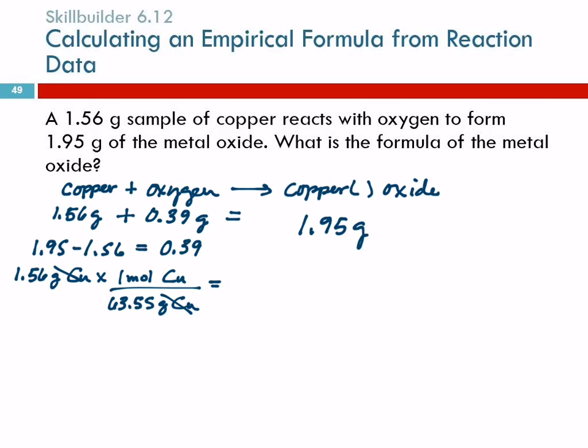So we get 0.02455. It should have 3 sig figs, but you want to carry some extras so you don't end up with rounding errors, because all the significant figures go away in the end anyway.